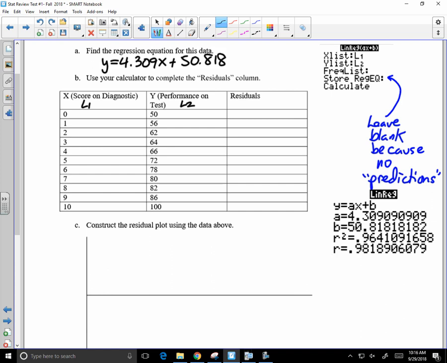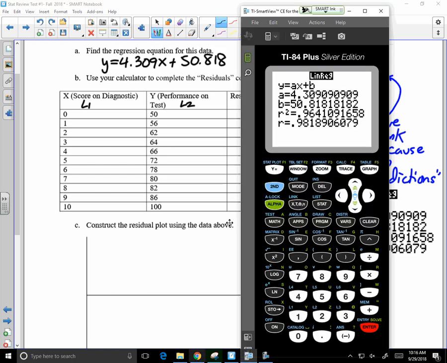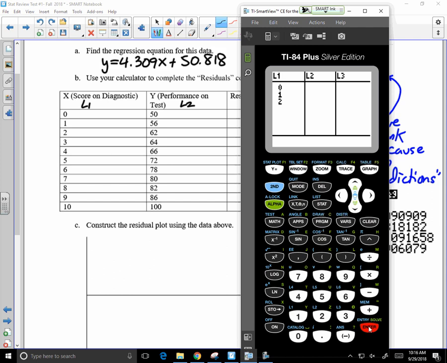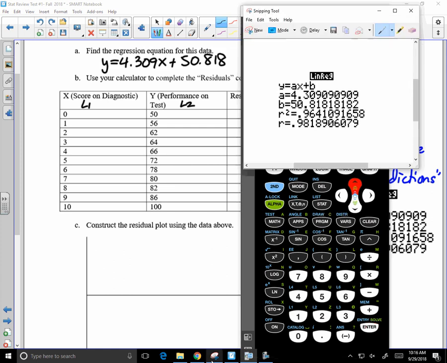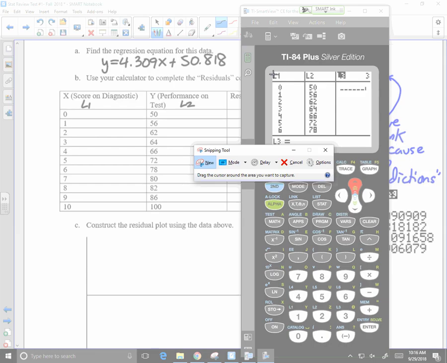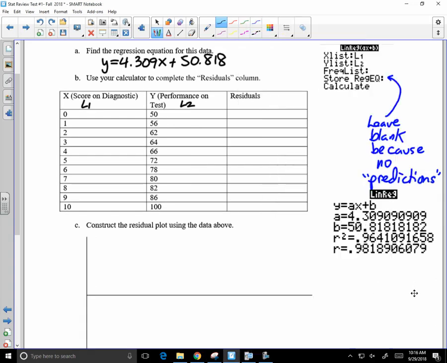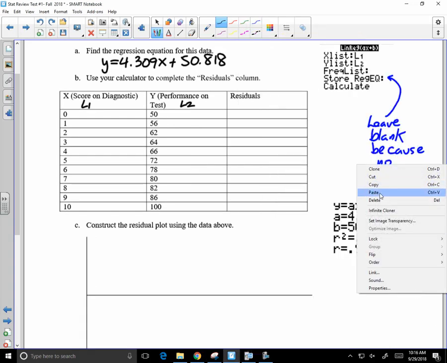So now that we have that, we can go into our editor eventually. Go to L3. So right on the L3. Must go on the L3.